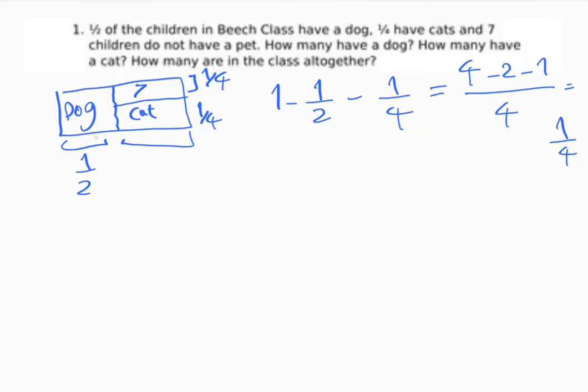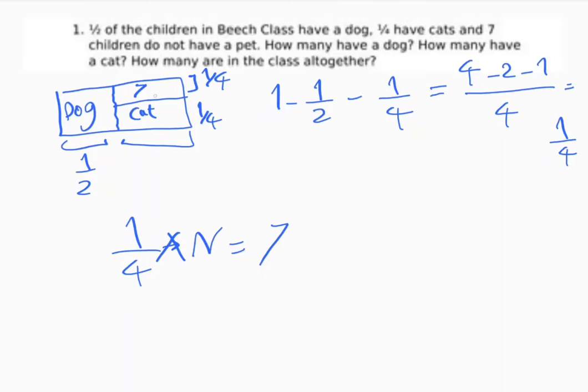So half of the children have a dog, a fourth have a cat, and a fourth, which is 7, don't have any pets. Let's say n is the total number of children. A quarter of n is equal to 7, because we worked out that this bit is a quarter.